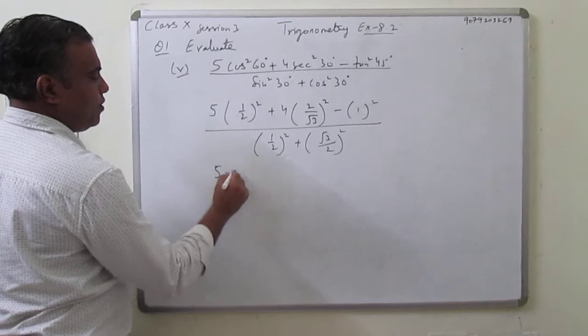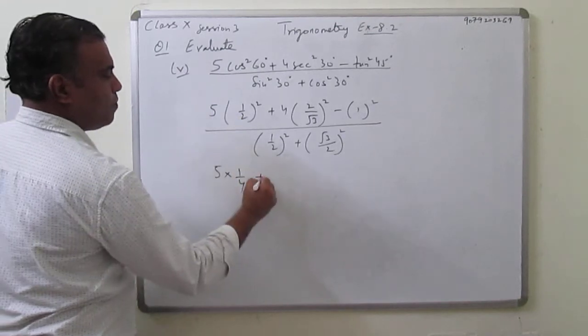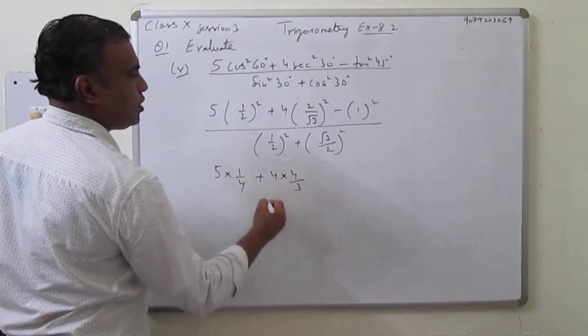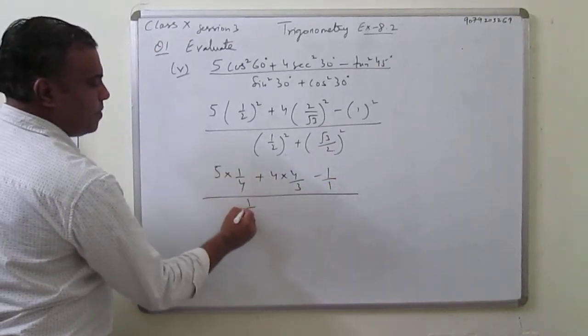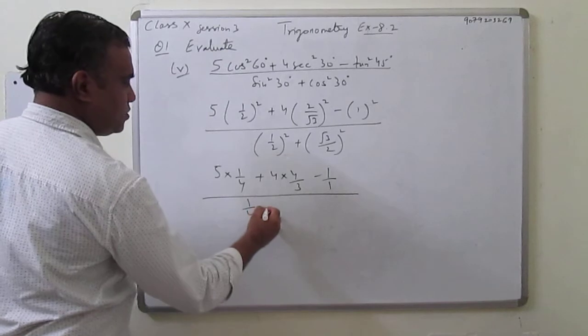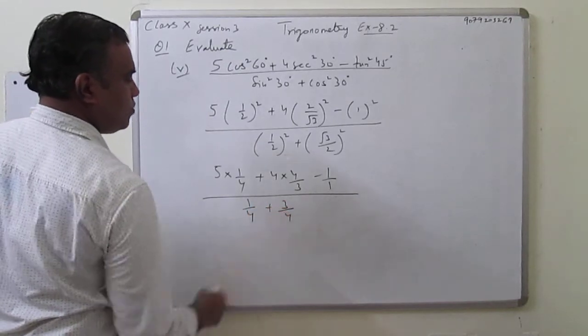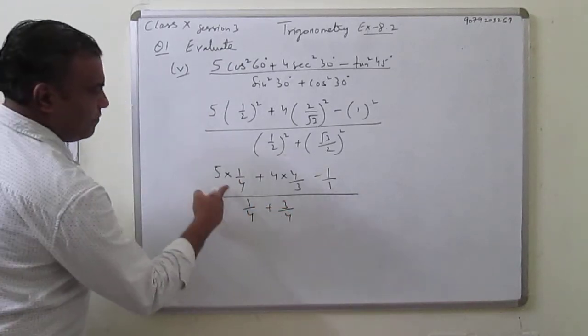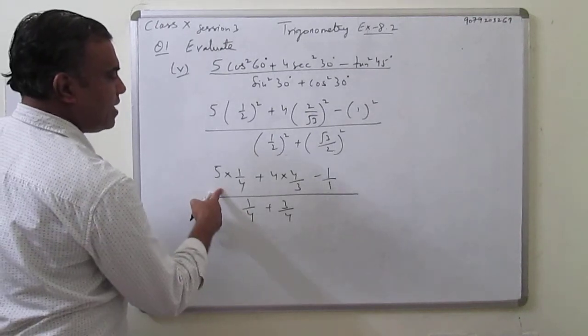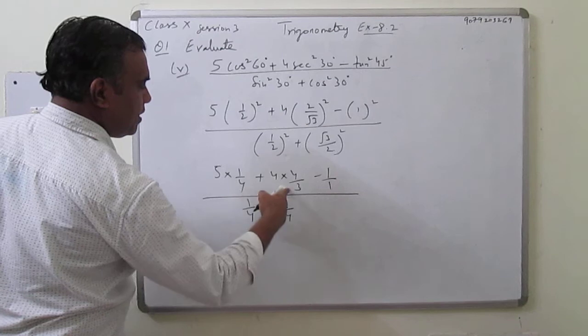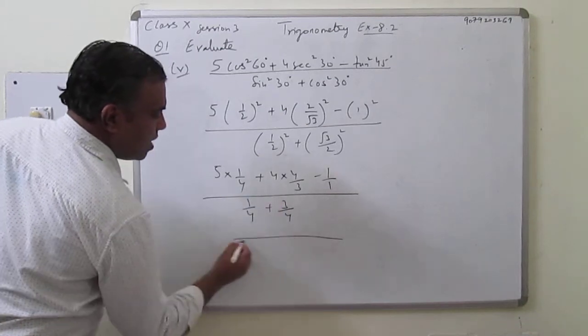Now simplify. 5 into 1 by 4 plus 4 into 4 upon 3 minus 1, upon 1 by 4 plus 3 by 4. Now simplify it. 5 upon 4, in the numerator the LCM is 12.